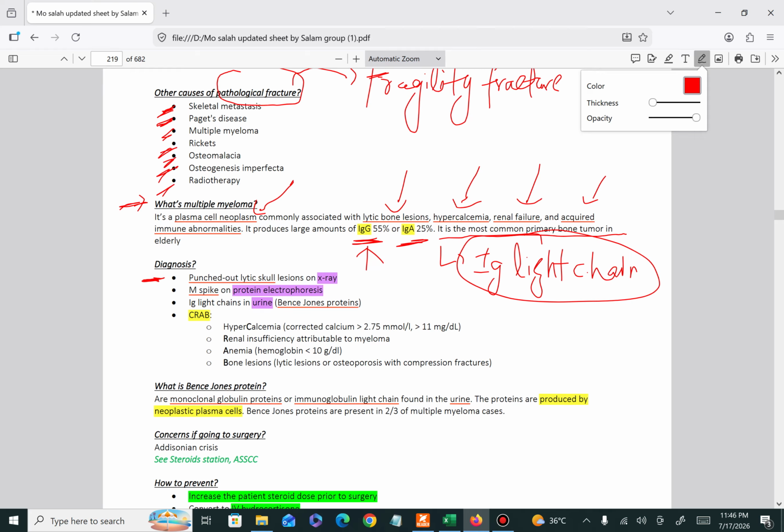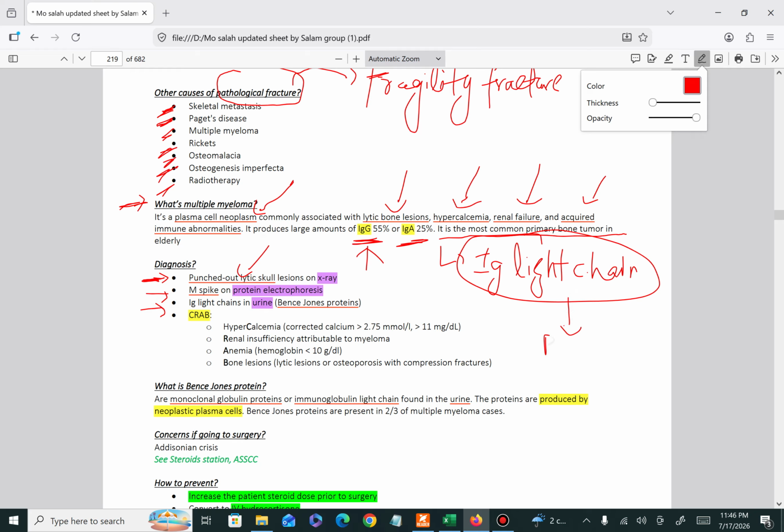We can do the x-ray, and in the x-ray we can see punch out lytic lesions. Then on protein electrophoresis there will be an M spike. On urine analysis there will be Bence-Jones protein, which is immunoglobulin light chain.